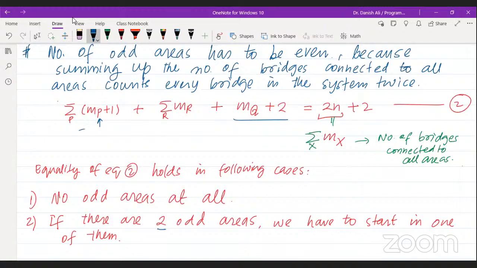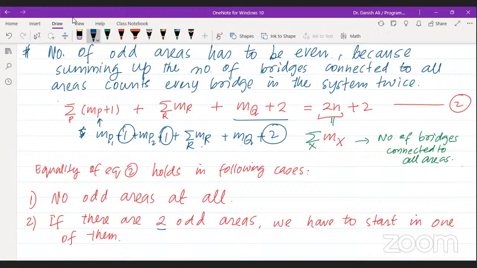Let's call it mp1 plus 1, and the other is mp2 plus 1. Then this is summation mr, and then you have mq, and then plus 2. So you have plus 2, plus 1, plus 1, you have 4 here on the left hand side with mq plus summation mr, mp1 plus mp2, which equals 2n. So you have on the left 2n plus 4, and on the right you have 2n plus 2. So you get a difference of 2.